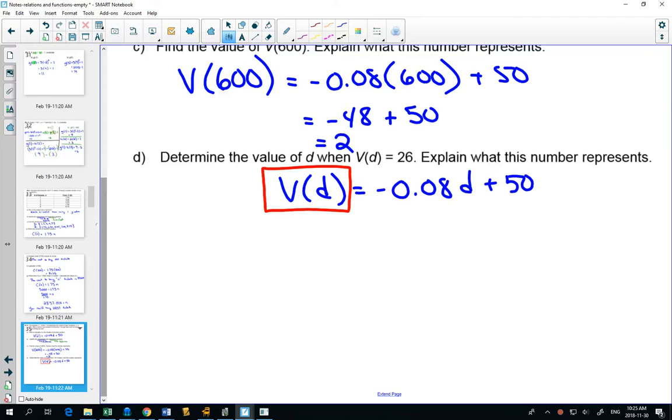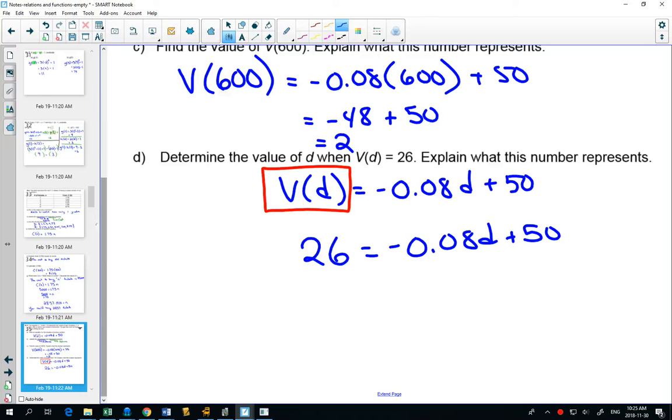It's just your y value, right? If they said y equals 26 and this was a y, you'd replace y with 26. But somehow, since there's 2 letters there, sometimes that gets people confused. But it still means one thing, one thing with a lot of information: the volume at d kilometers is 26.